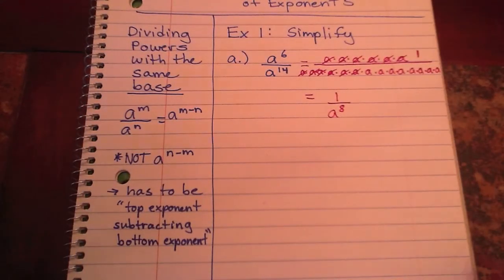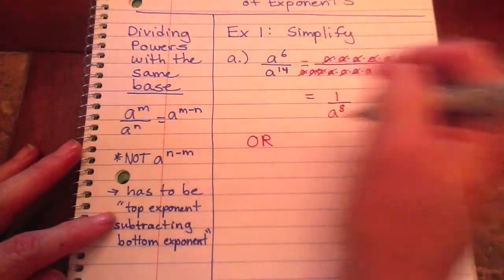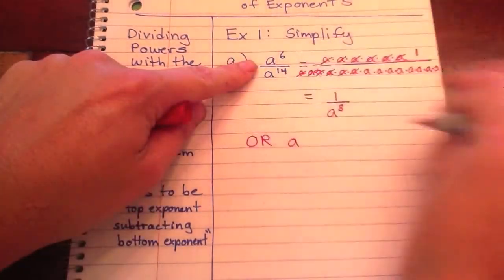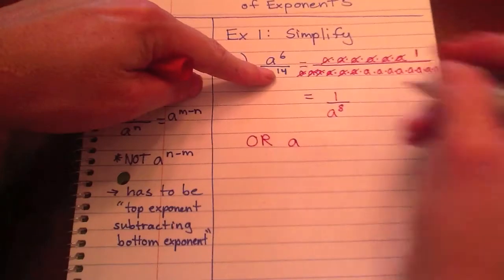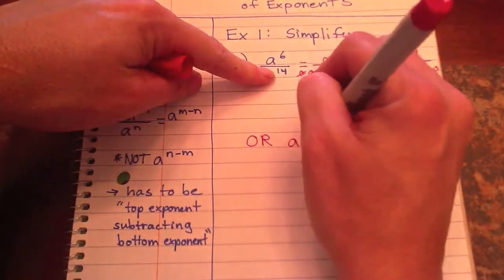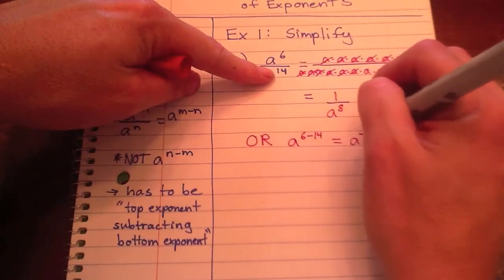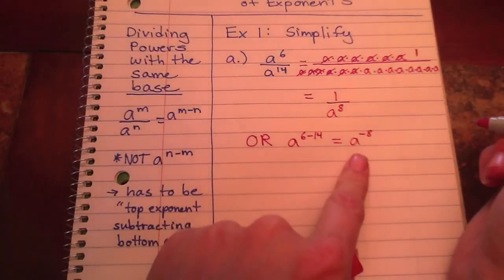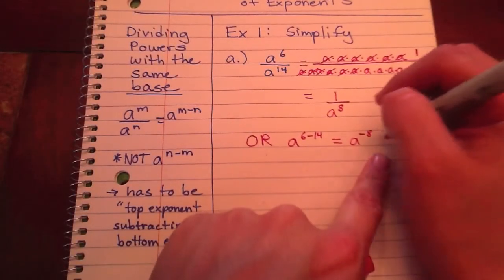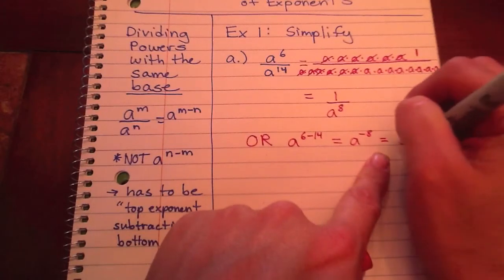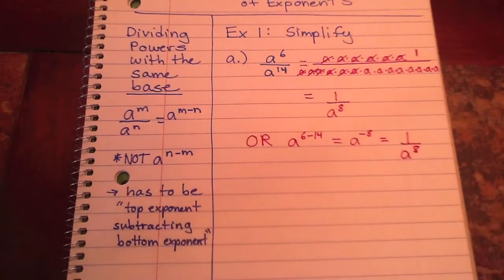The other way of doing that would have been to say A, top exponent minus bottom exponent, 6 minus 14, which ends up equaling a to the negative 8, and remember you're not allowed to leave something with a negative exponent, so you would move that to the bottom of a fraction.